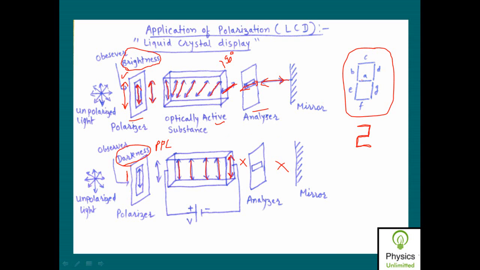Here each segment, that is A, B, C, D, E, F and G, consists of an optically active substance which is kept between the polarizer and analyzer, and behind that there is the position of a mirror.